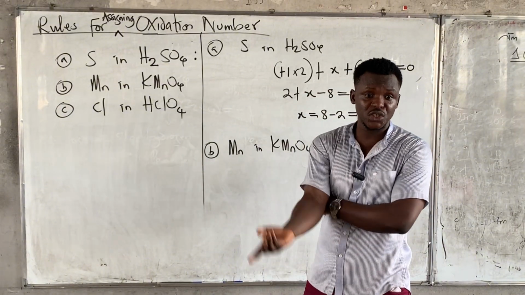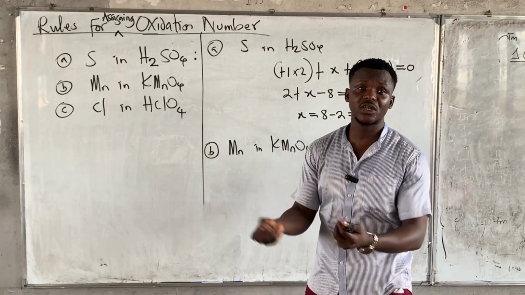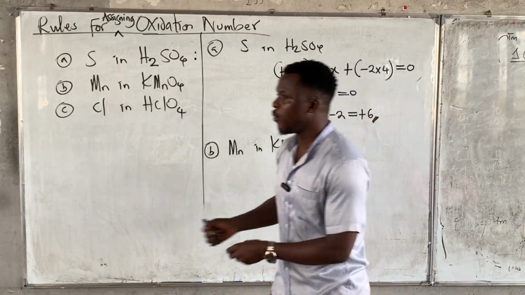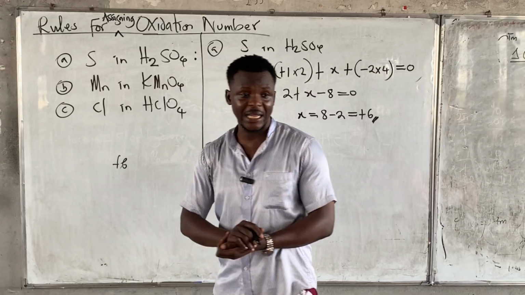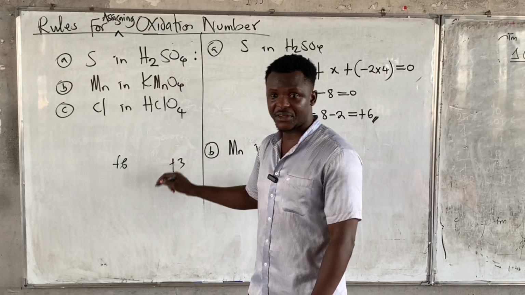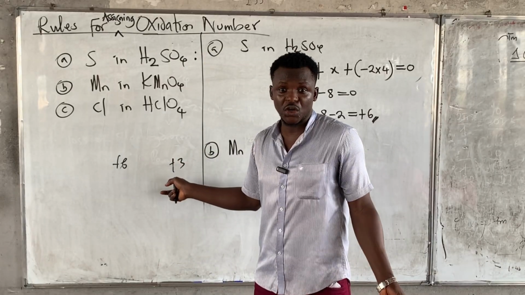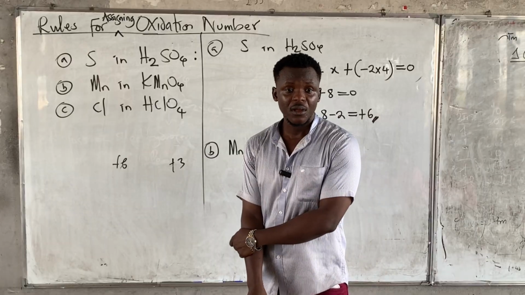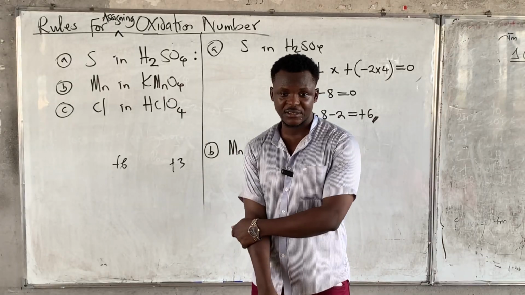There is an increase in oxidation number, is it not so? That means oxidation has taken place. But if sulfur was initially +6 on the reactant side, and on the product side you see +3, there is a reduction in the oxidation number, right? And that's reduction. So that's the advantage of this.